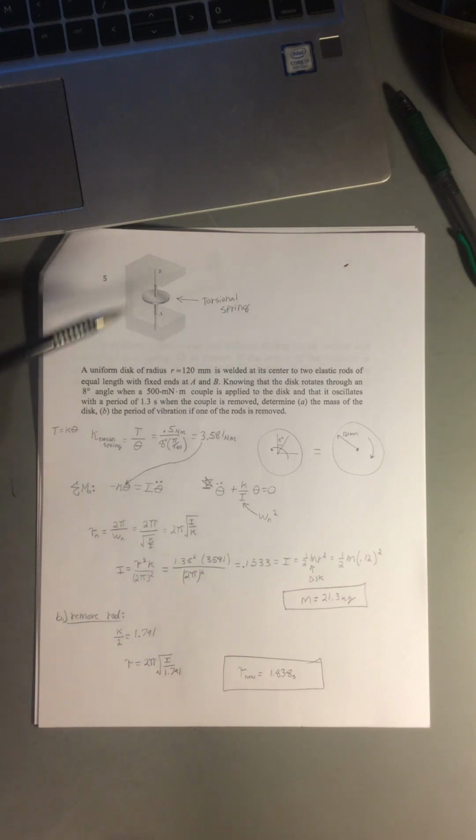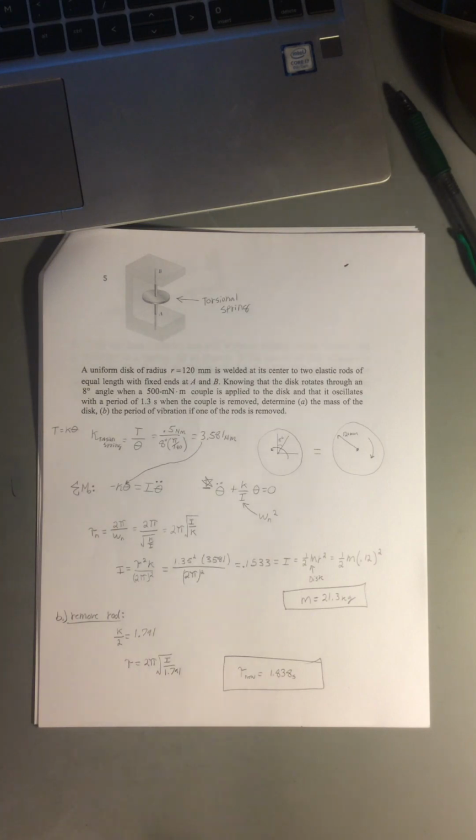Then we're told that this spring has a couple applied to it, or a moment, that causes it to rotate 8 degrees, and then afterwards it is released, and that gives it a period of 1.3 seconds once that couple is removed. The first thing the problem wants us to find is the mass of this disk, given the radius and the period.